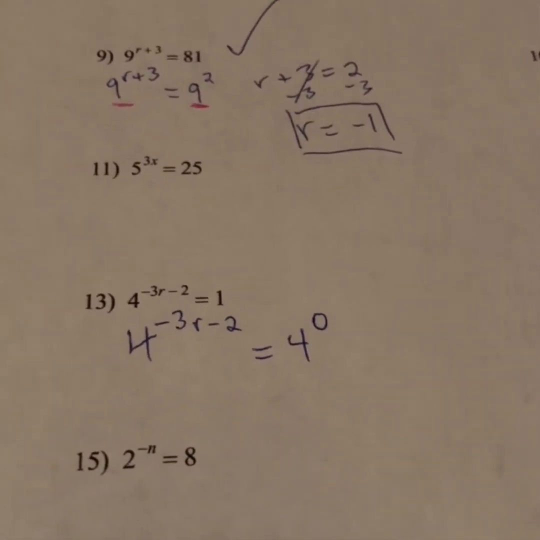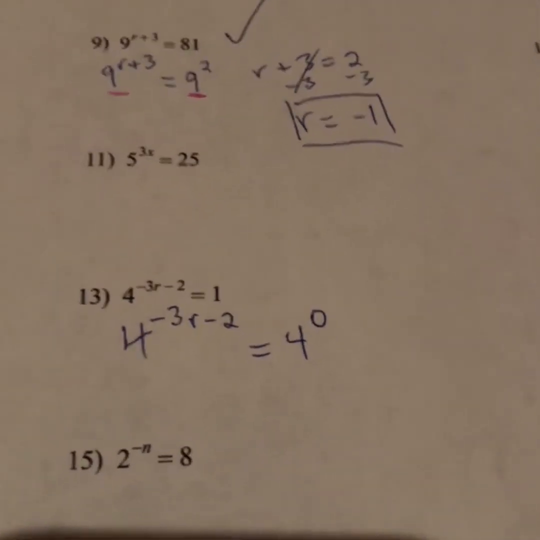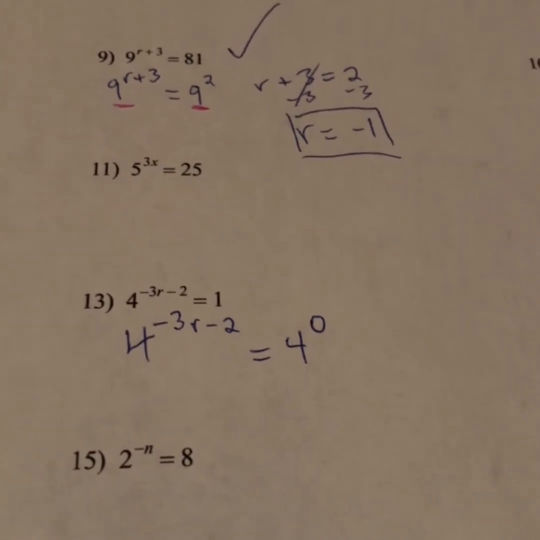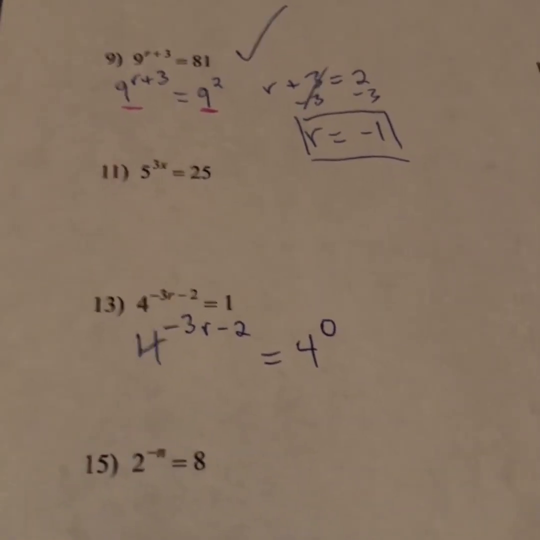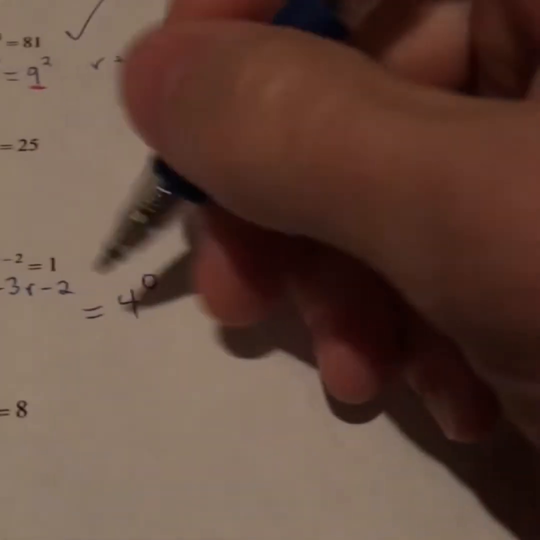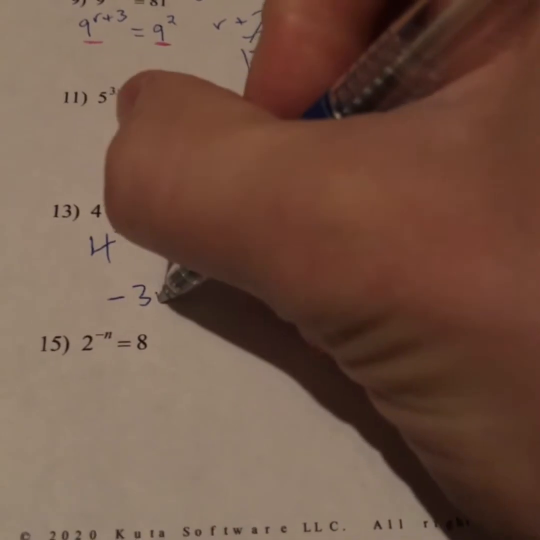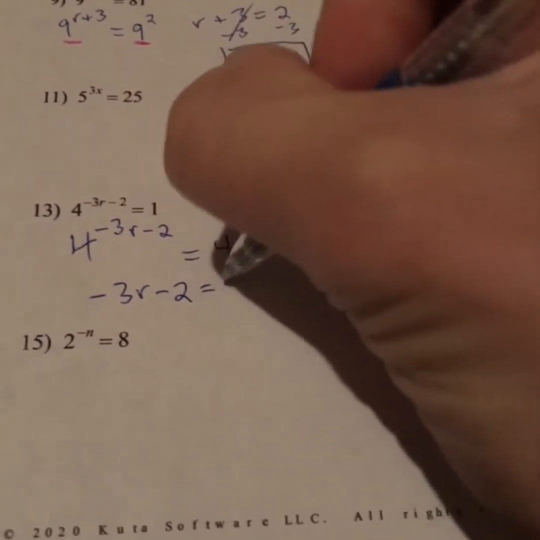So 4 to the 0th power would equal 1, and that's the only way we can adjust this one to solve it. So now we do have the same base, and we can set those exponents equal to one another. So negative 3r minus 2 equals 0.